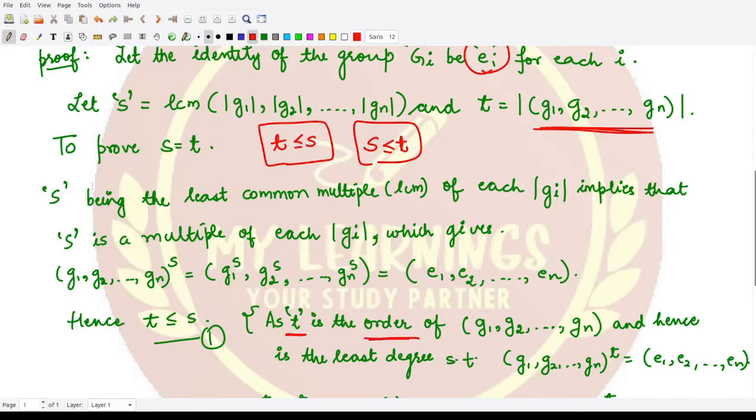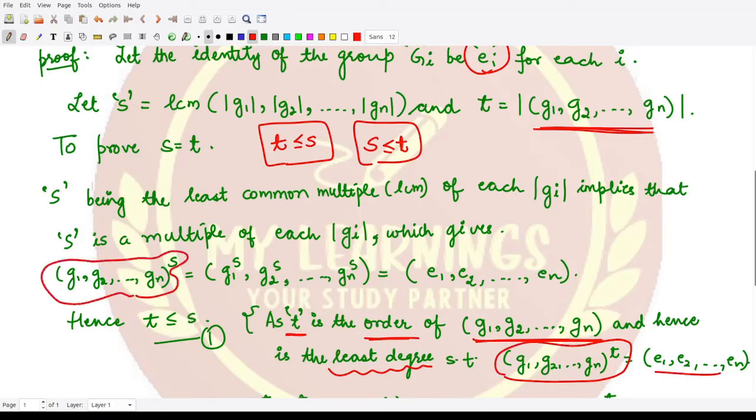Because T is the order of this element in the direct product, and hence it is of least degree such that when we raise this to this power we have the identity. Now we are raising it to some other common multiple which is not least, so then also we would have the identity. However, this power here would not be the least. That is the point. So we have the first equation here.